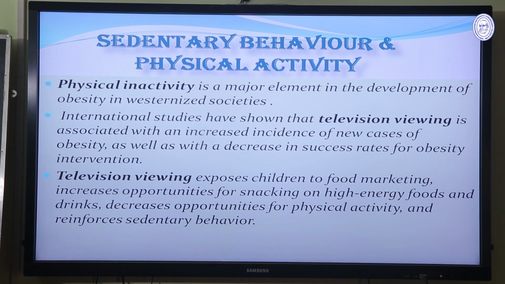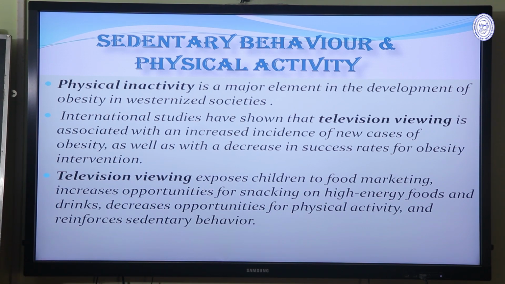Sedentary behavior and poor physical activity is a reason for causing obesity. Physical inactivity actually is a major element in the development of obesity in westernized societies and in urbanized areas. Different international studies have shown that viewing television is associated with increased incidence of new cases of obesity as well as decreasing the success rate of intervention programs against obesity.